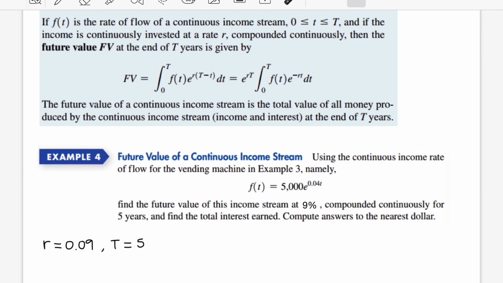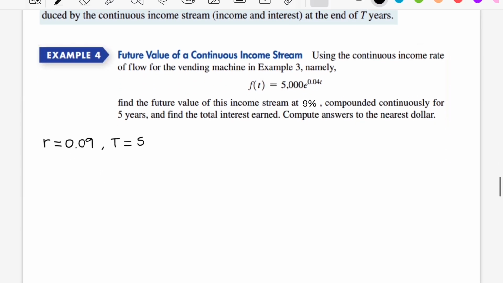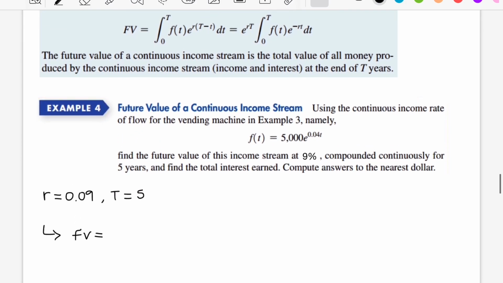Now what we can do is just plug the known information into our definite integral for FV here. Doing so, we get the following. We have e to the r times T out front, so that'll be e to the 0.09 times 5 out front.